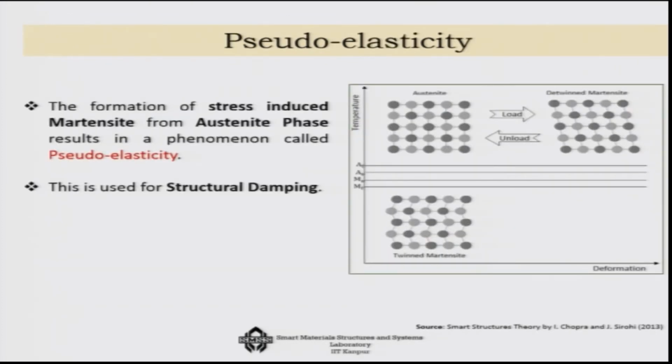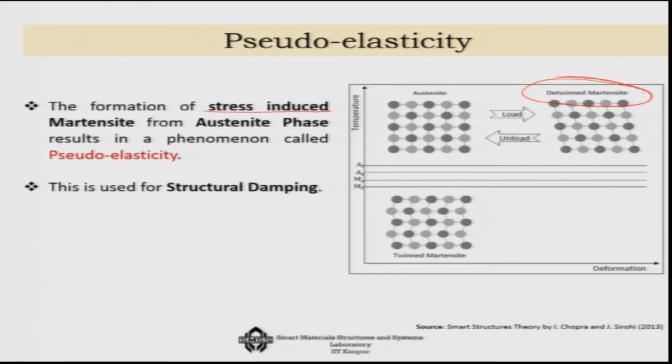Now, there is something which is called pseudo-elasticity. The way the whole thing happens is that in the austenite phase, that is at the high temperature phase, if without changing the temperature I only apply stress, then what happens is that this austenite phase can get converted to the detwined Martensite phase. Okay.